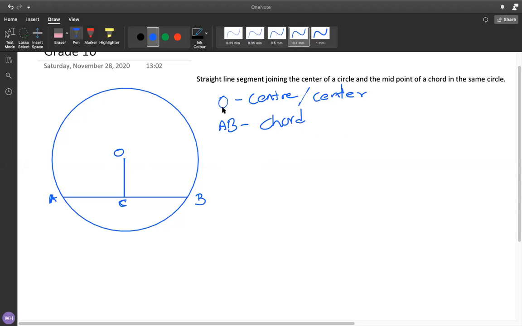After drawing this, you may write: O is the center, AB is the chord, C is the midpoint of AB. Therefore, AC will be equal to CB.